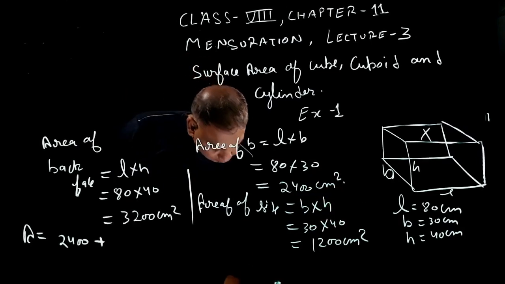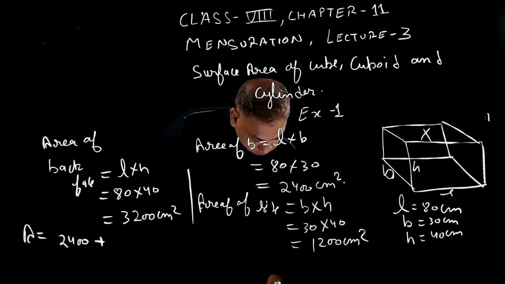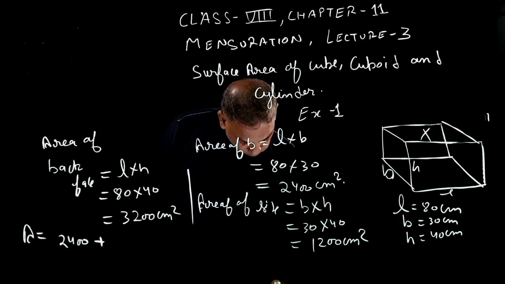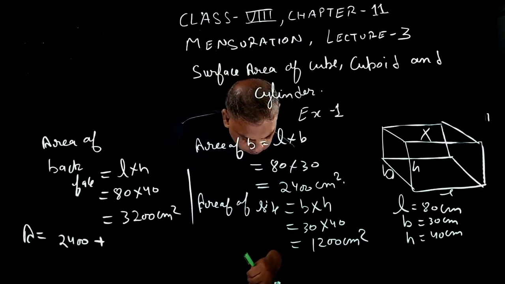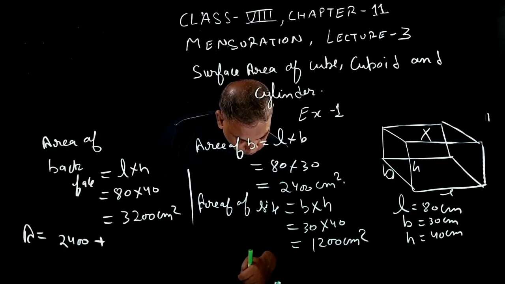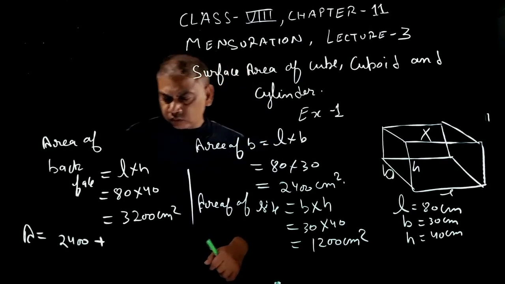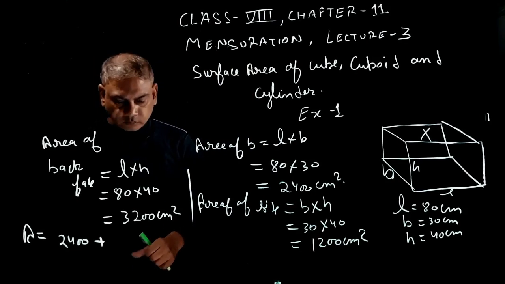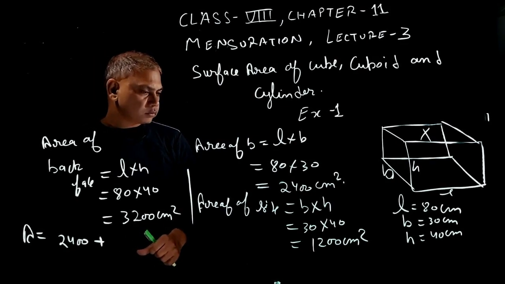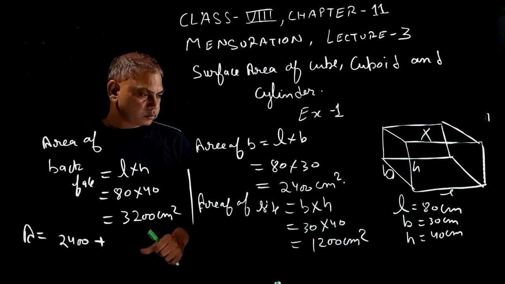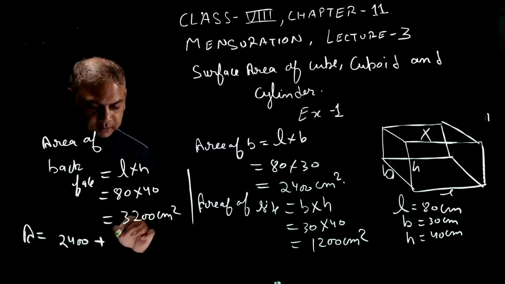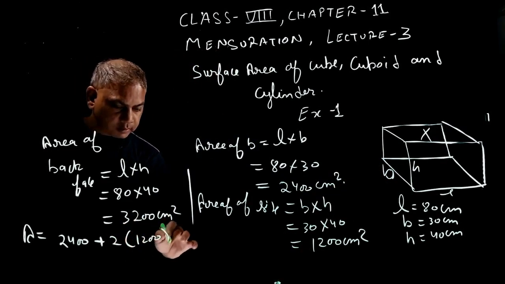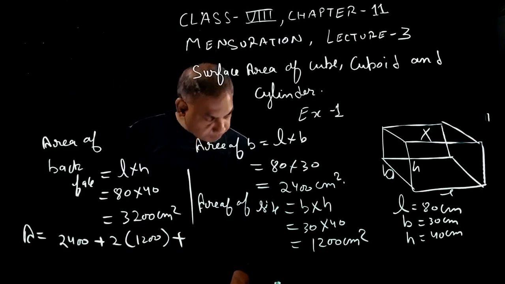Beta, area of the side face, this and this, तो two side face हो जाएंगे बेटे, this will be equal to 2 into 1200, plus area of the back.